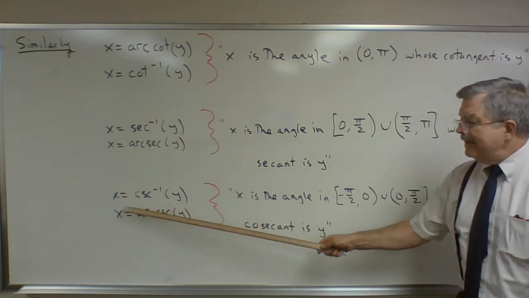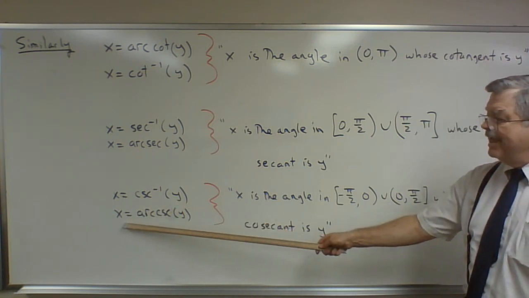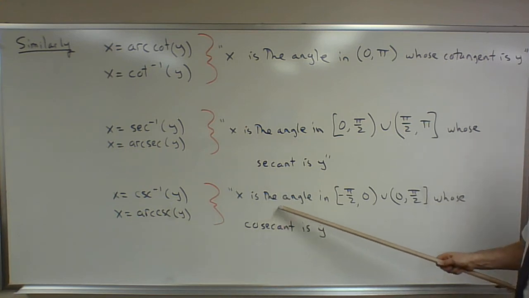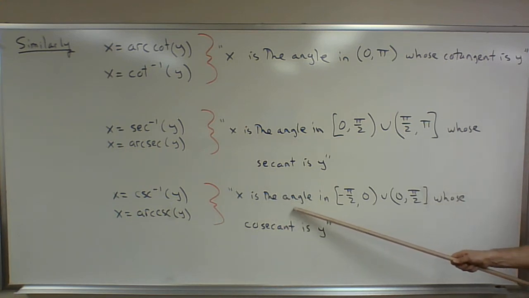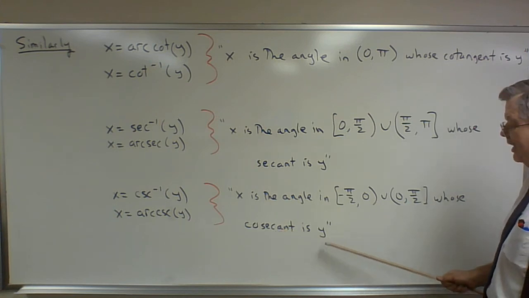And lastly, x equals cosecant inverse of y, also known as x equals arc cosecant of y. X is the angle in the interval negative pi over 2 to 0, or 0 to pi over 2, whose cosecant is y.